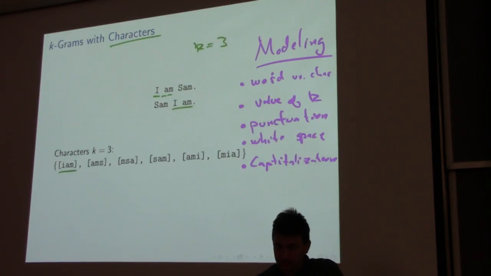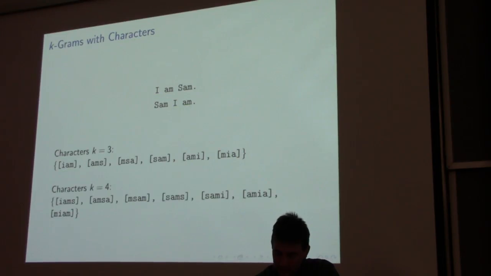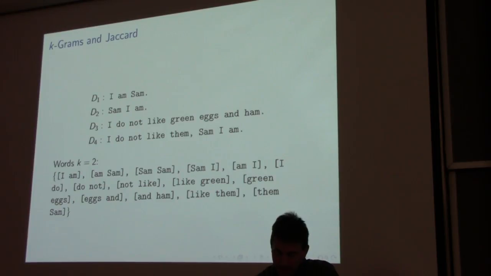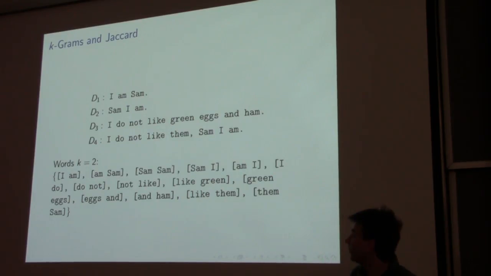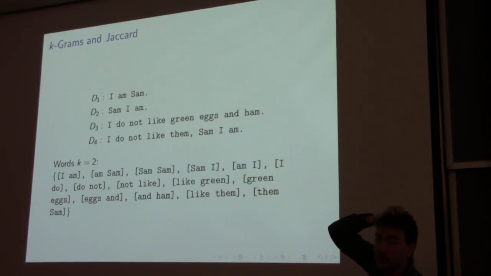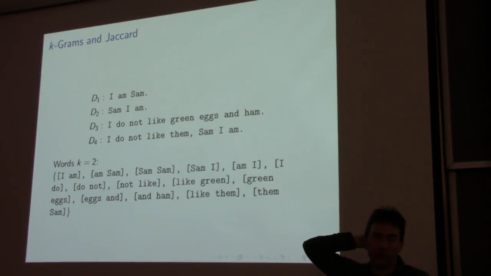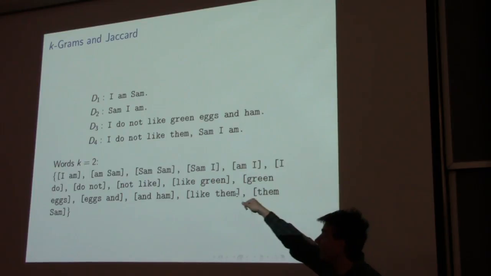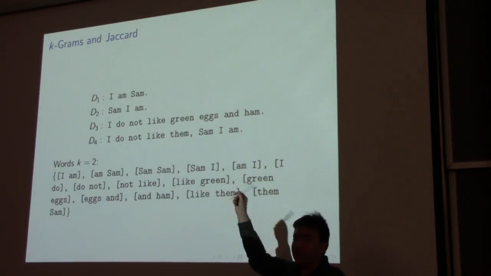Okay, so let's go through an example now with k-grams and Jaccard similarity. In this example, as you were asking before, each of these lines is going to be a different document. So I have four documents, D1, D2, D3, D4.